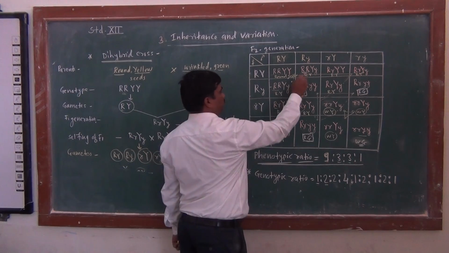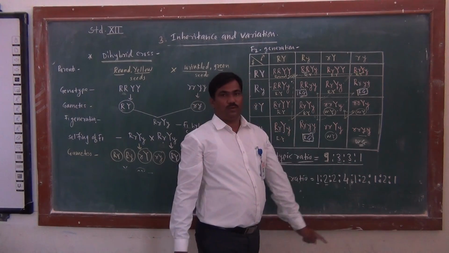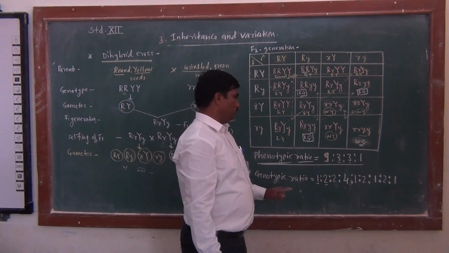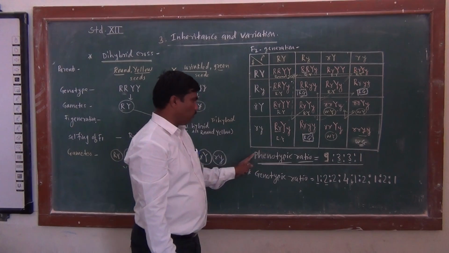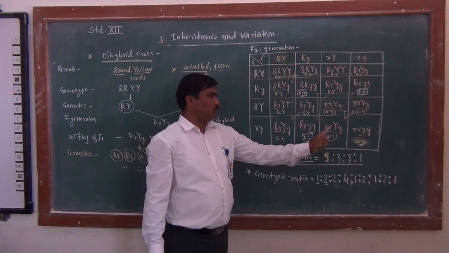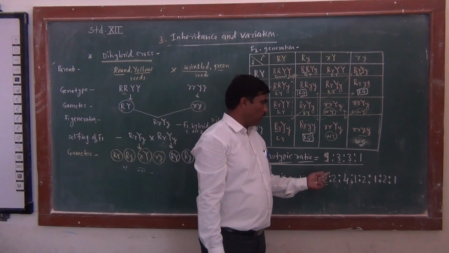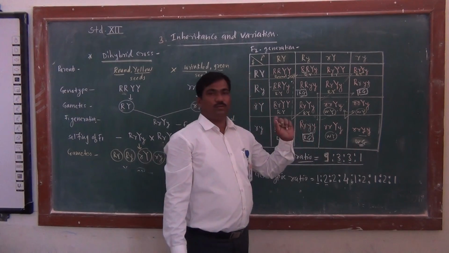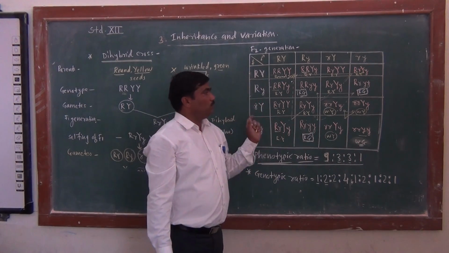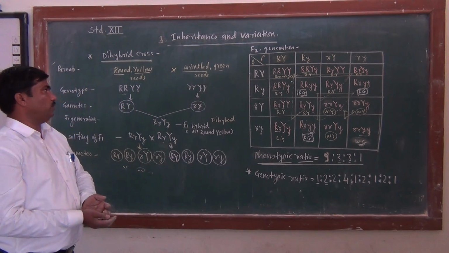So these two individuals, in this way, we have to find the genotypic ratio also. So the genotypic and phenotypic ratios are different. The phenotypic ratio is 9:3:3:1, and the genotypic ratio is 1:2:2:4:1:2:2:1. So totally 16 individuals are formed in a dihybrid cross.